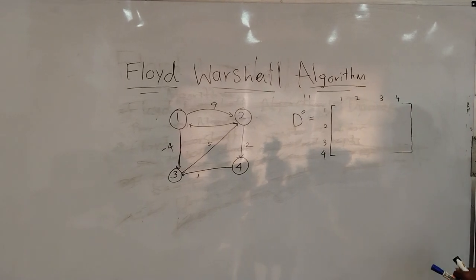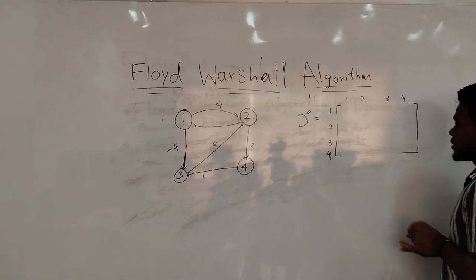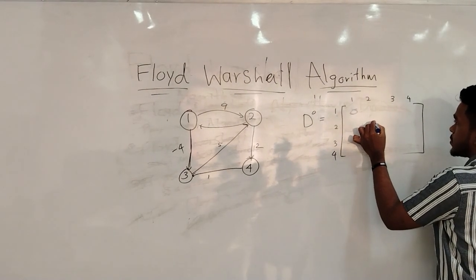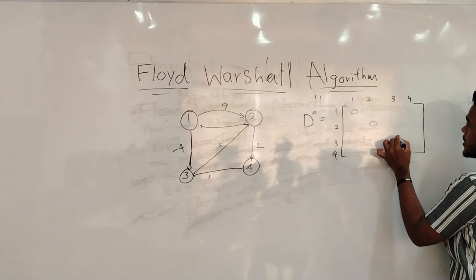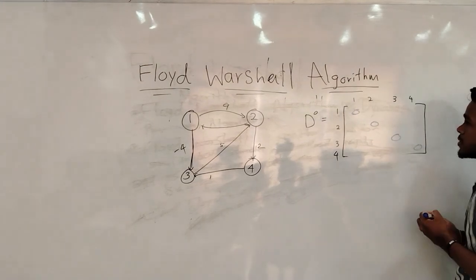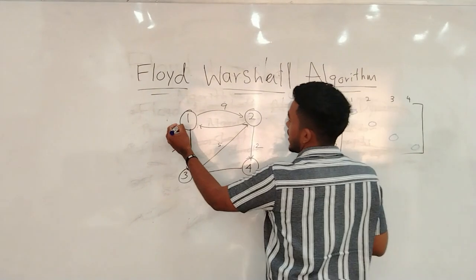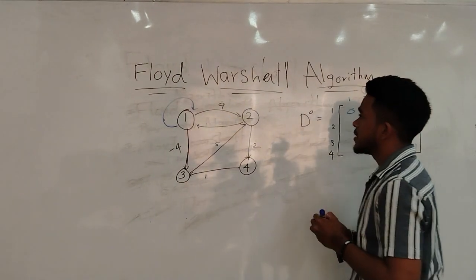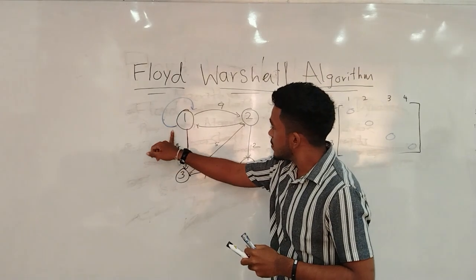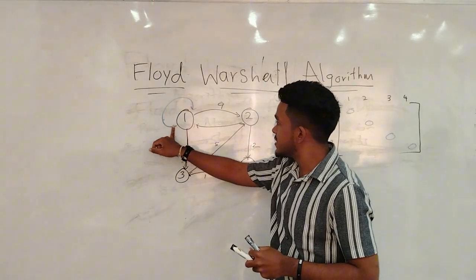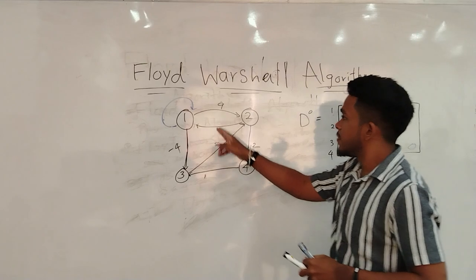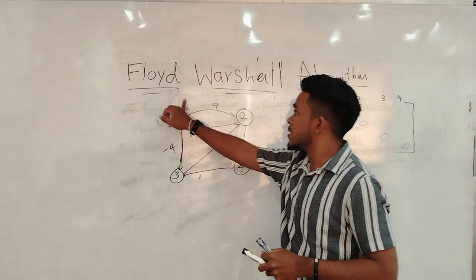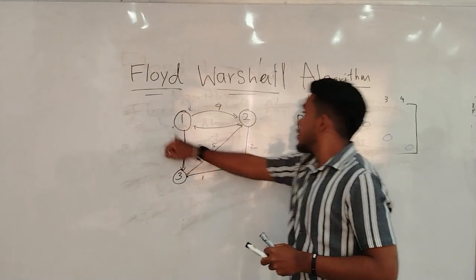In the diagonal of the matrix, we always use 0, because from one vertex to itself the path is 0.